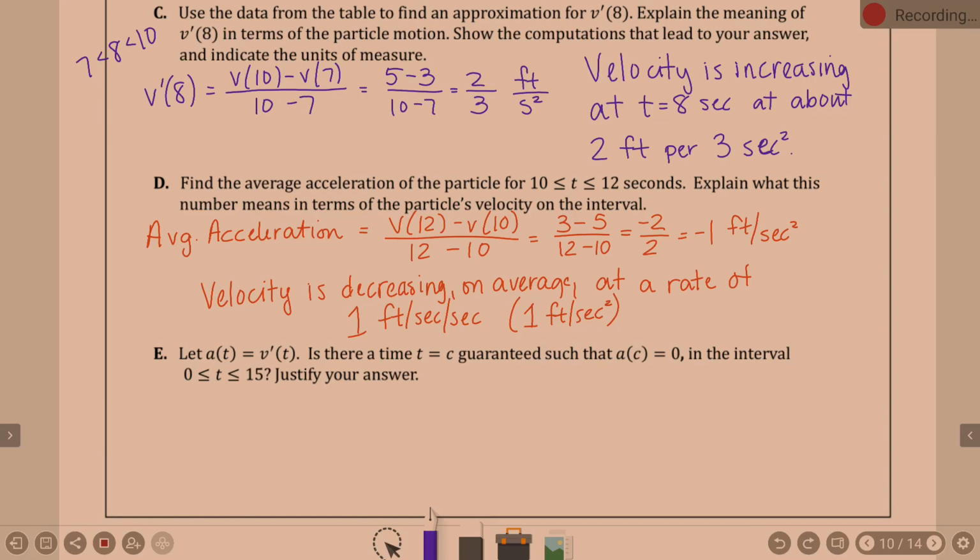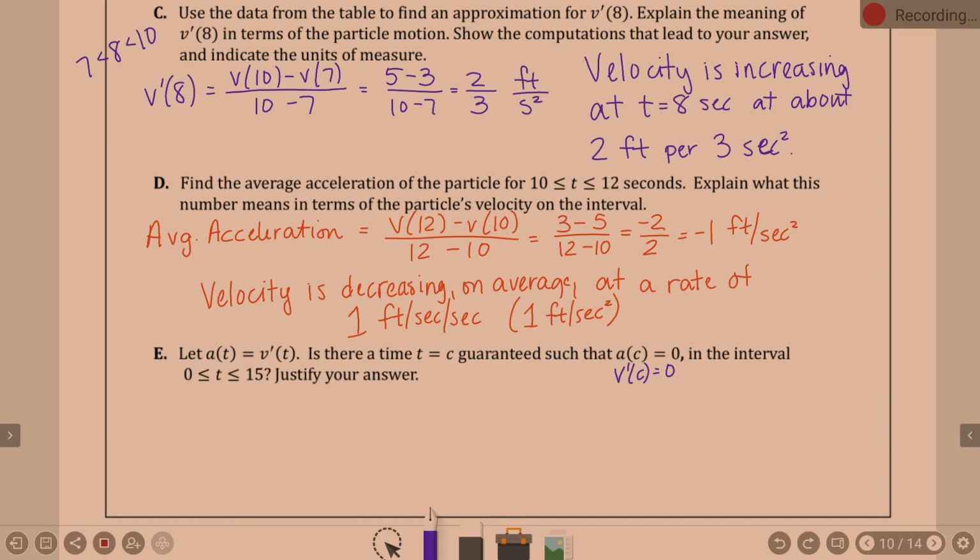So when we talk about is there a time when acceleration equals 0, that's also the same thing as saying is there a time when the derivative of velocity equals 0? Yes. Why yes? Because it's continuous. Okay. It goes from negative to positive, so at some point velocity will have to equal 0.